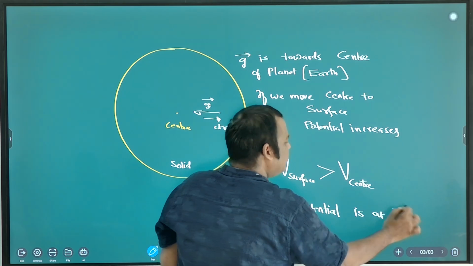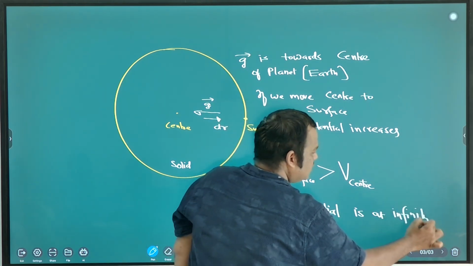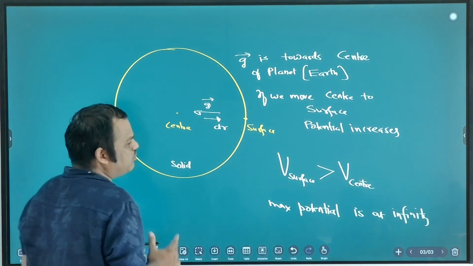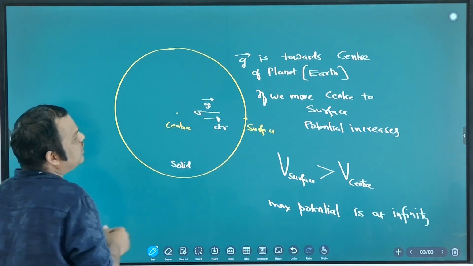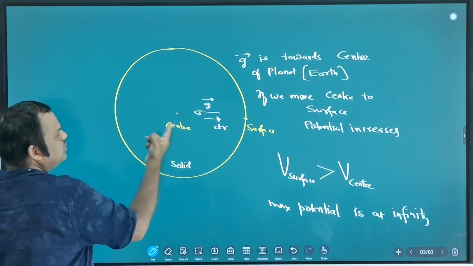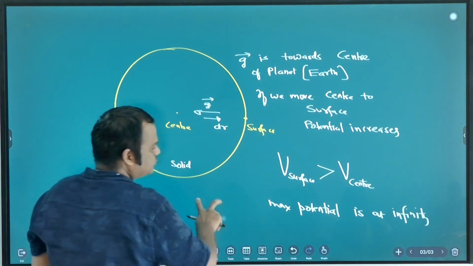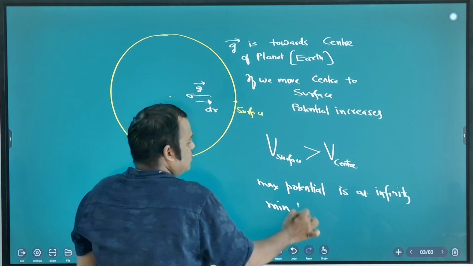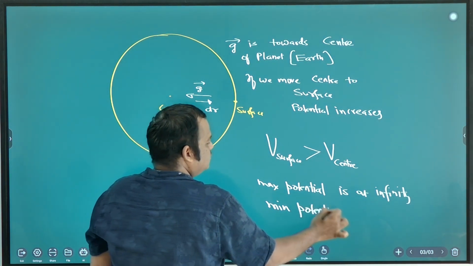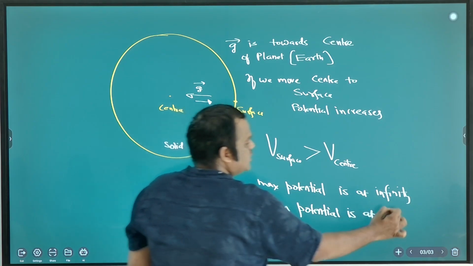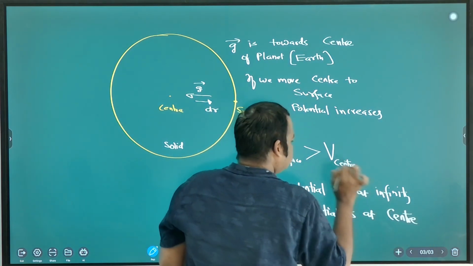At infinity, very far. So where is potential maximum for a planet? Infinity. Where is potential minimum for a planet? Center. So minimum potential is at the center of the planet.